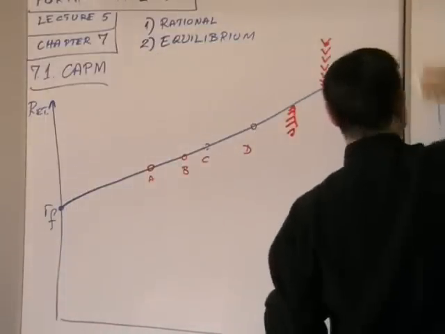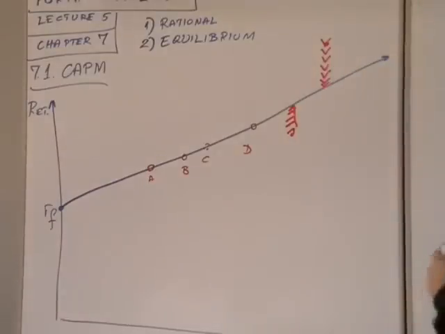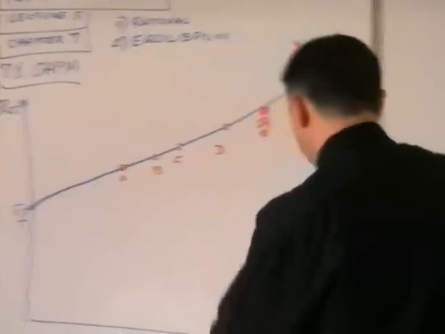The second piece of the puzzle is the so-called separation property. Separation property. So that's the one piece.